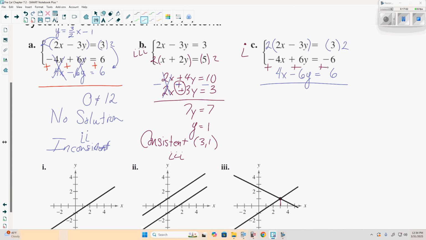Now, if we're eliminating x first, negative 4 plus 4 would be 0. So we can add. 6y plus negative 6y would also be 0. Negative 6 plus 6 is 0. So there are infinitely many solutions.